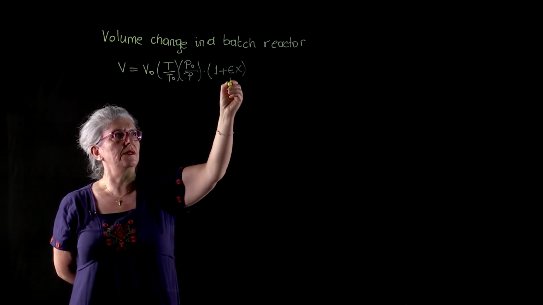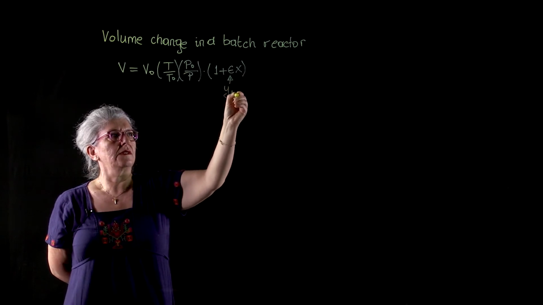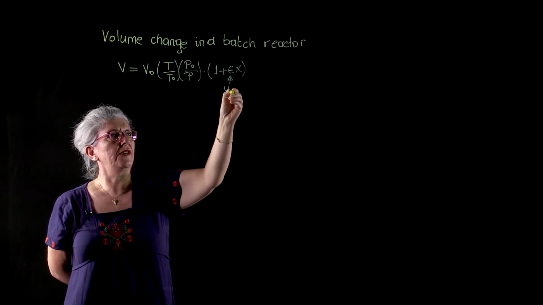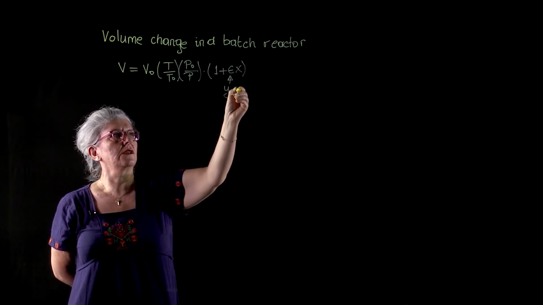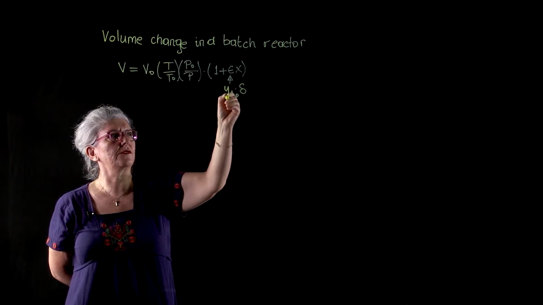If you remember, epsilon was the initial mole fraction of A, YA0, times delta. Delta was the net stoichiometric coefficient.